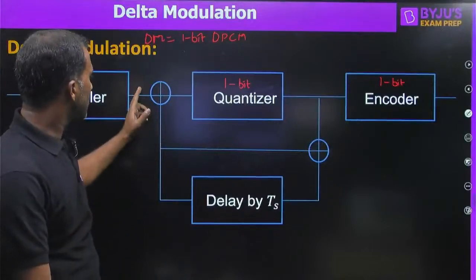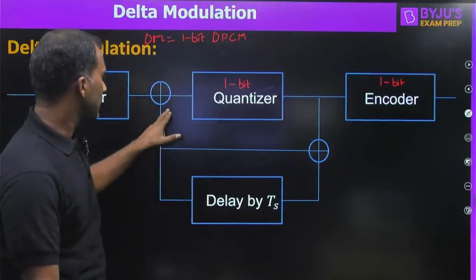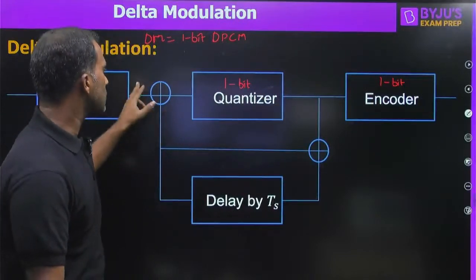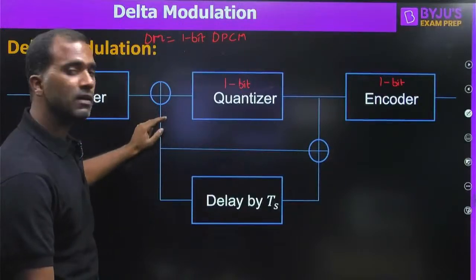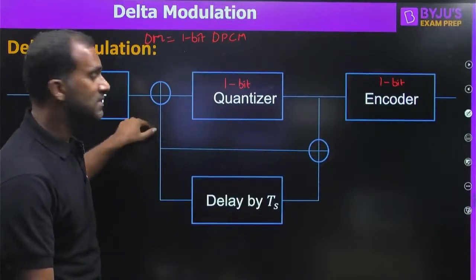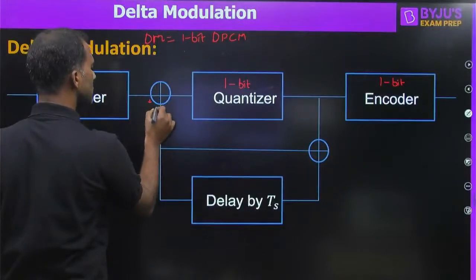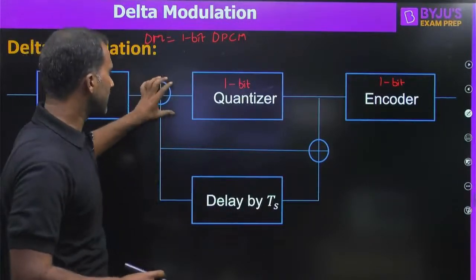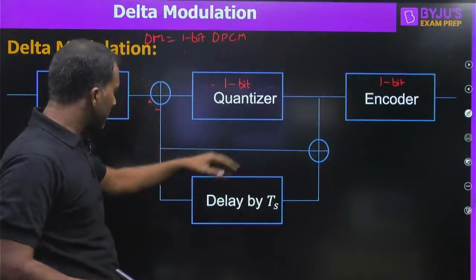So we're going to have the samples here, and in the feedback we'll have quantized versions of previous samples. Here we'll have the present sample, and in the feedback we're going to have the previous samples. It's a plus and a minus. So this circuit will generate the difference between the present sample and the feedback sample.